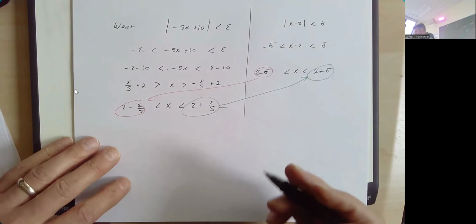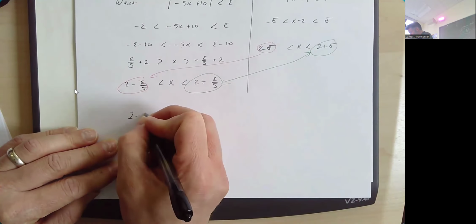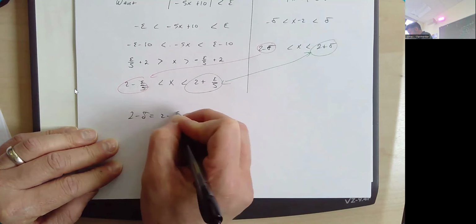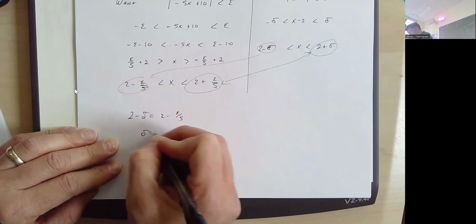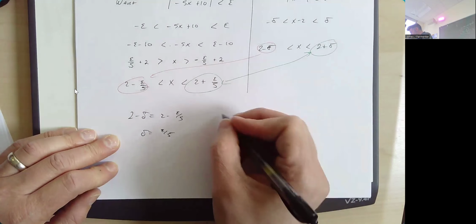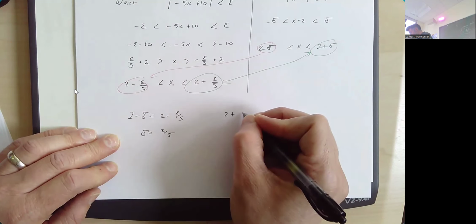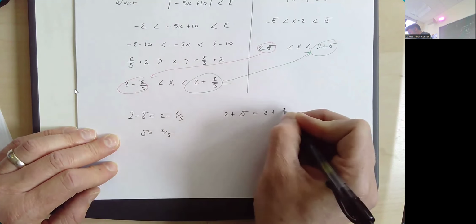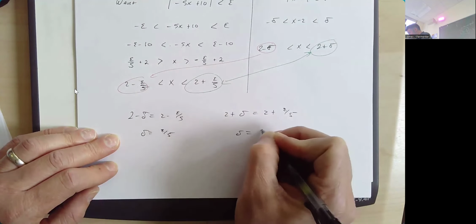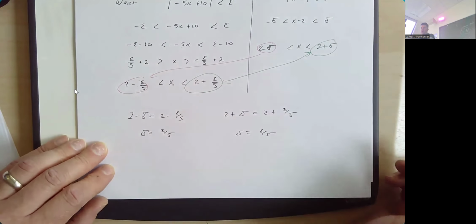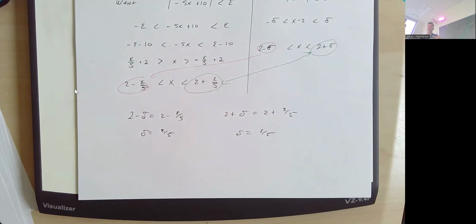So I'm going to set 2 minus delta equal to 2 minus epsilon over 5, which means delta equals epsilon over 5. And over here, same kind of deal. 2 plus delta equal to 2 plus epsilon over 5 also gives me delta equals epsilon over 5. So either side of this inequality is giving me that delta needs to equal epsilon over 5.